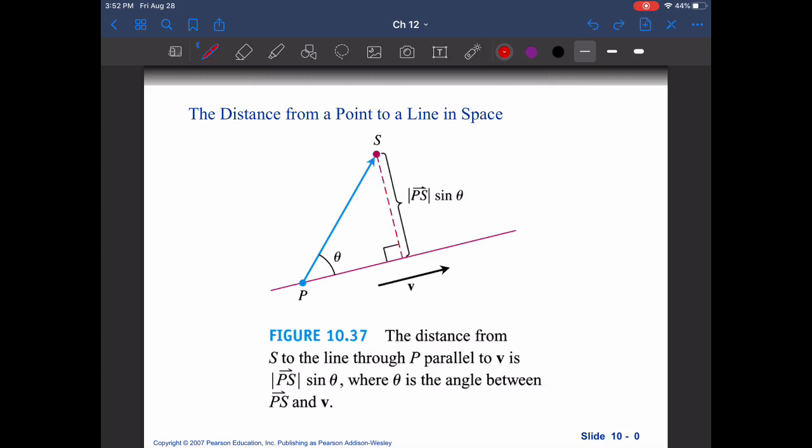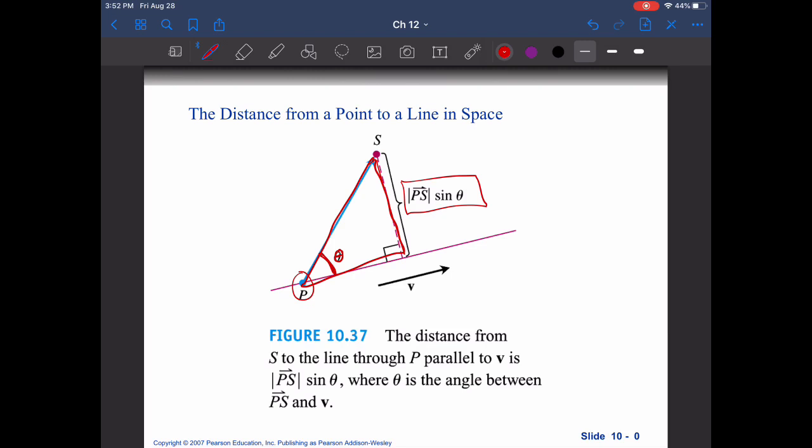So essentially what you need to do is pick some point on the line right here and find this length. Now you could do this kind of geometrically, which is the idea that we can make a triangle out of this, and then you know this angle right here, and you use sines and cosines and find that the length of this side is PS sine theta.